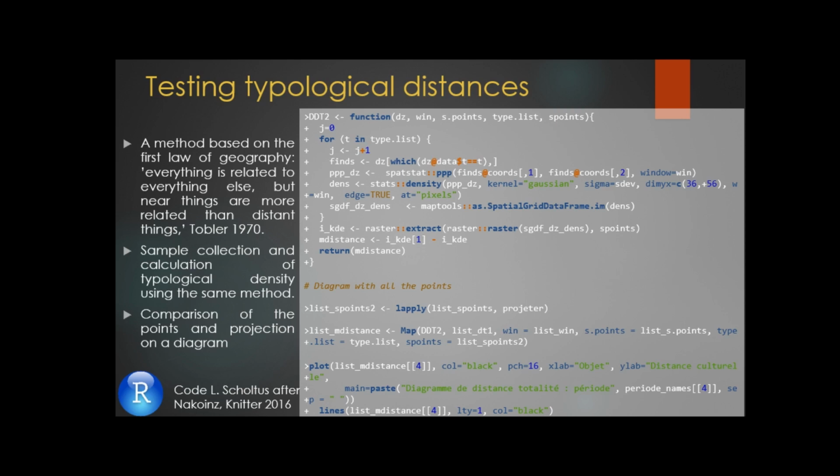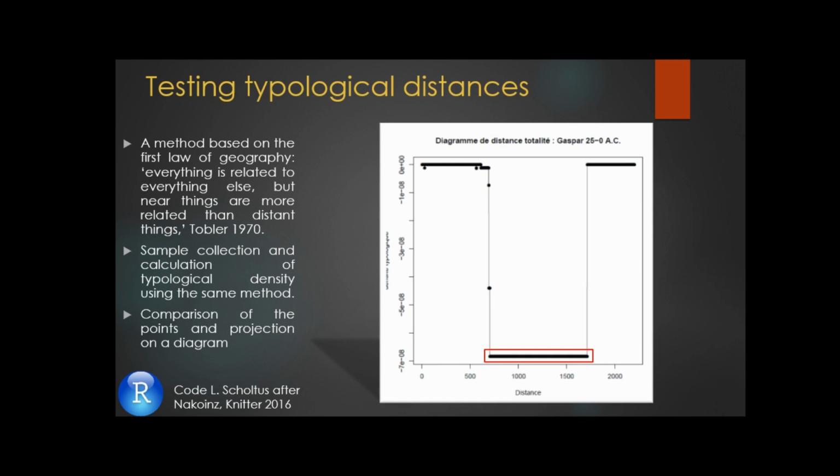From a technical point of view, this method works like the previous one, with the creation of the samples and the calculation of the kernel density. Then each point is compared to each other, and the result is projected on a diagram. So this is a distance diagram. On this graph, the y-axis shows the typological density calculated for each sample, and the x-axis shows the distance.